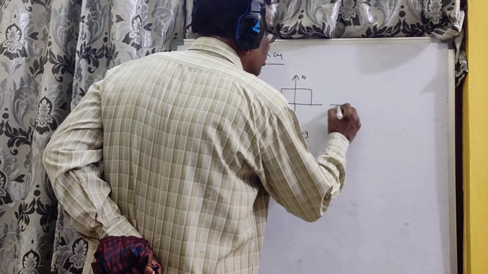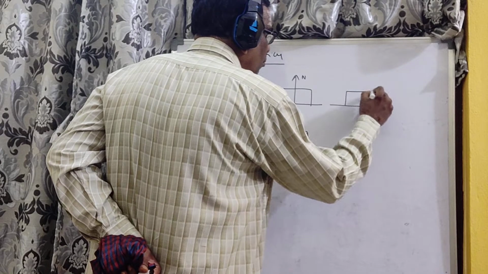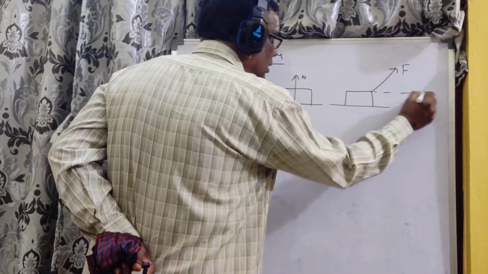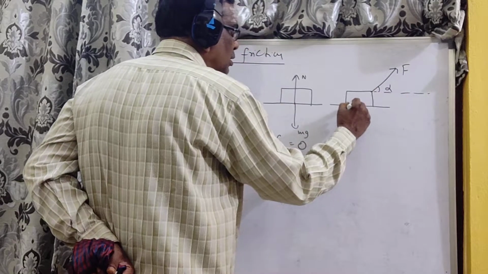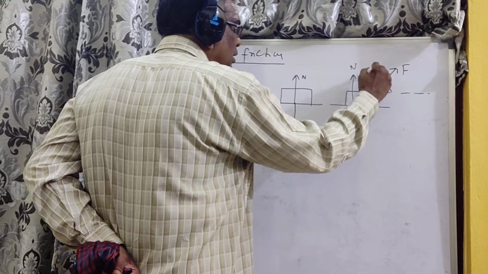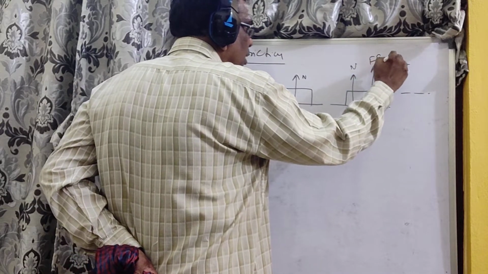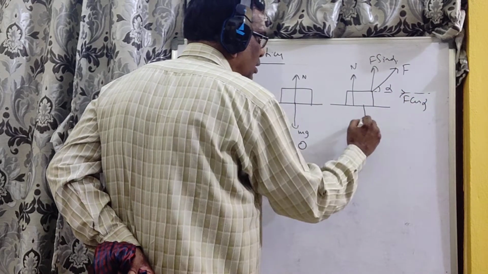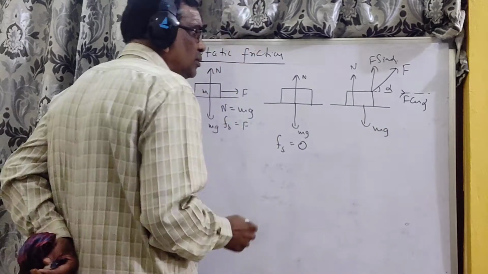Now, I am pulling at an angle alpha. So this is N, this is F sin alpha, this is F cos alpha, this is Mg.